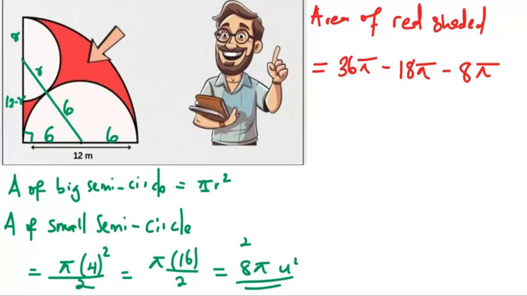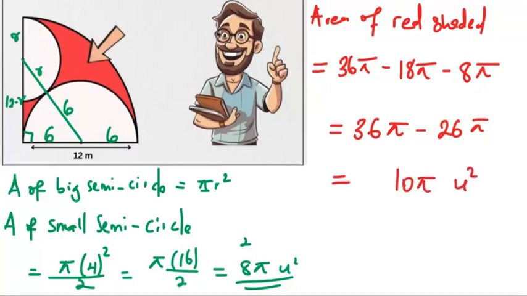So this is going to be equal to 36 pi minus 26 pi, right? And that is going to be equal to 10 pi square units. So this right over here is the area of the red shaded region.